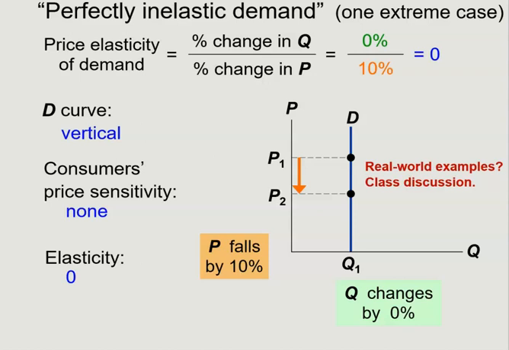But if you can come up with something close to this, it would be fine. In other words, maybe the demand curve is not 100% vertical, but it's very, very close to vertical. I think that should be fine. Again, I'm eager to learn the examples you guys can come up with.